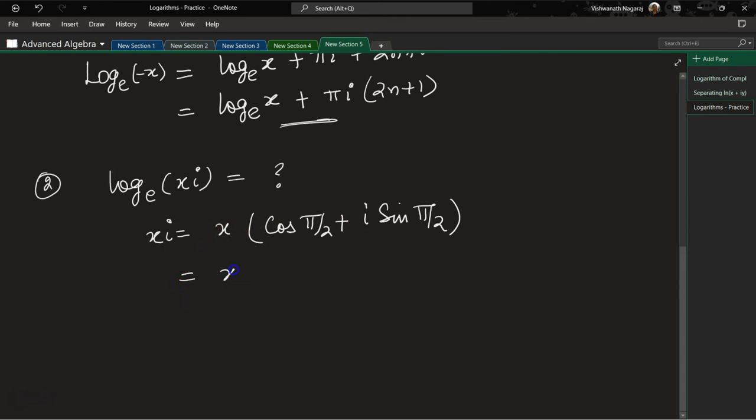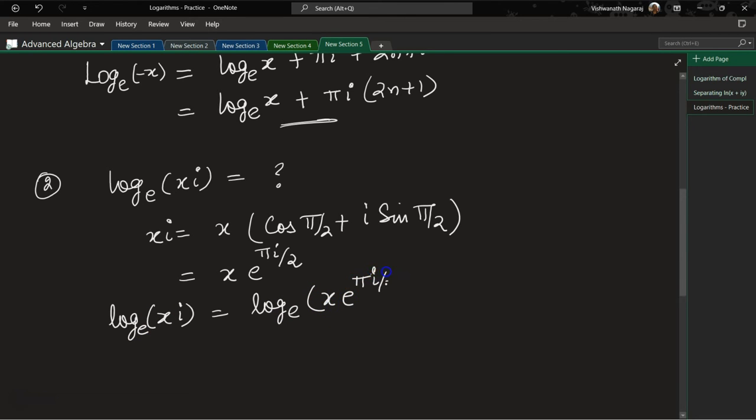We know that cos pi by 2 plus i sin pi by 2 can be written as e to the power of pi i by 2. So now we take the log of both the sides. Log of xi is equal to log to the base e of x e to the power of pi i by 2. Again, using the logarithm rules, we split it. Plus log e of e to the power of pi i by 2.